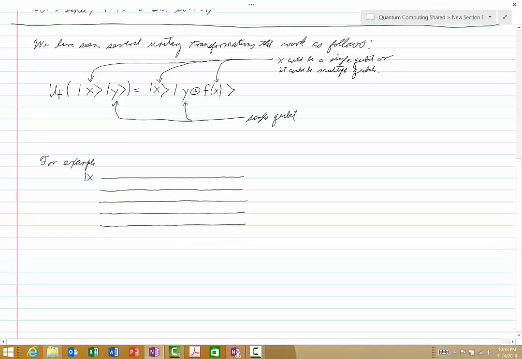And so let's call the qubits here X1, X2, X3, X4, and then down here we will have Y. And so, as an example, if perhaps we had this, then we know that the output over here on the right would be X1, X2, X3, X4, and then this last one would be Y exclusive OR X1 ANDed with X3.